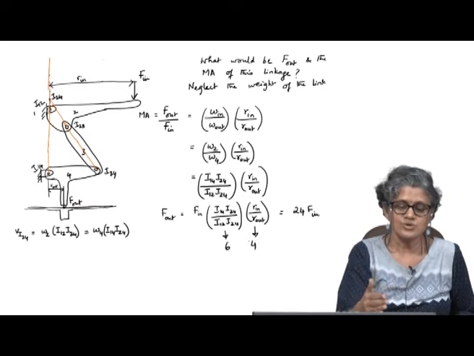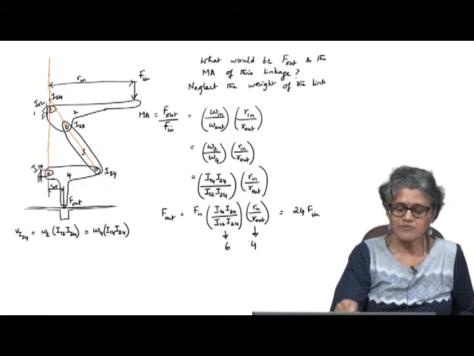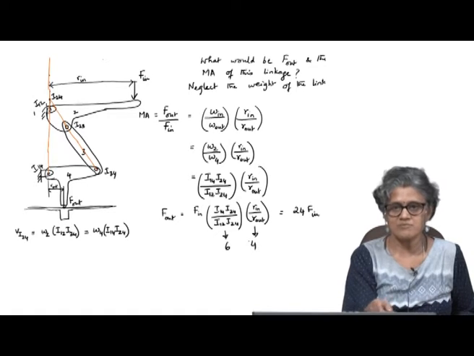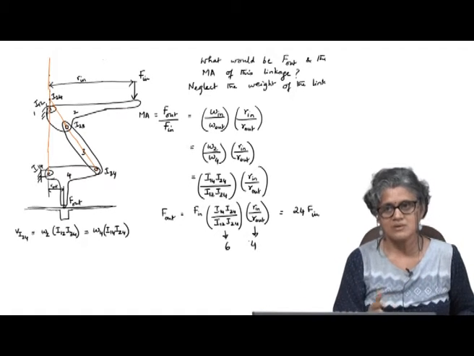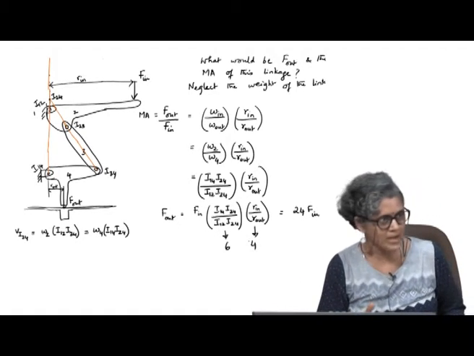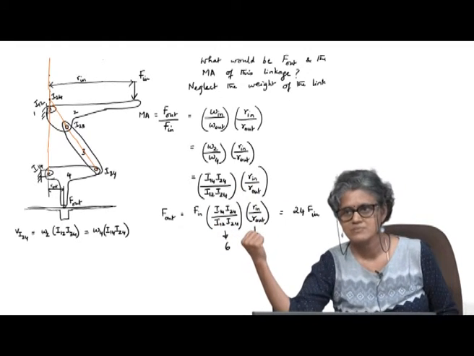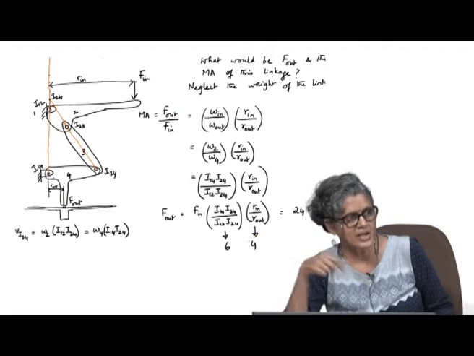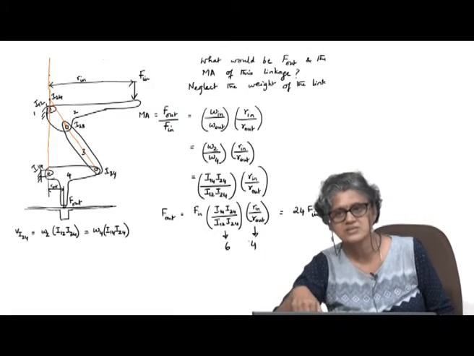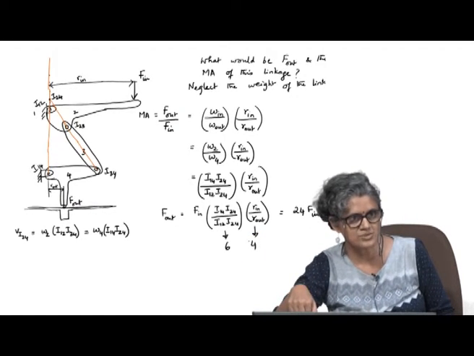Of course, it is intuitive that R in should be much larger than R out. So if I increase that input lever, I can increase this ratio as well.